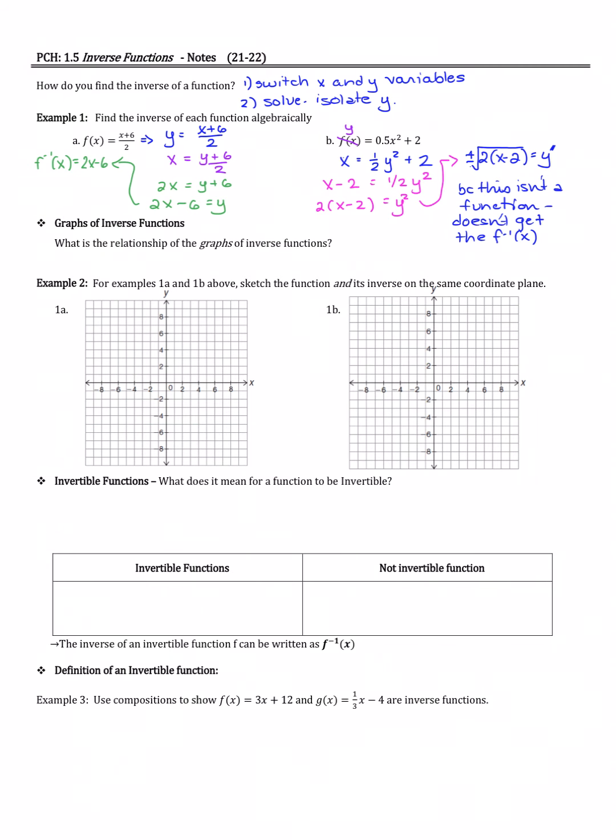Now, what is the relationship in terms of graphs? Well, we switched the x and the y, so there's a big clue there. Your inverse functions are reflections over the line y equals x.